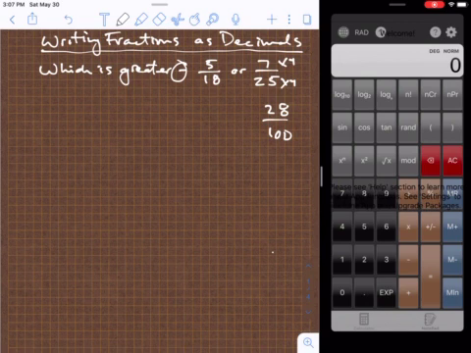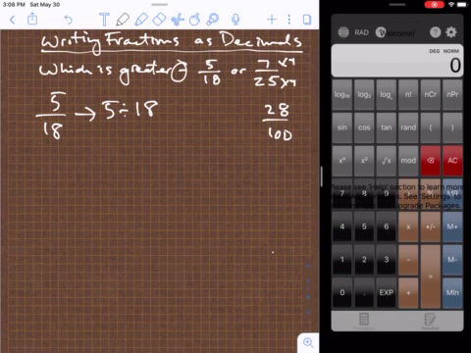So there's this really cool thing, and hopefully somebody has taught you this before: remember, a fraction is a division problem. That's all it is. It's just another way of writing a division problem. So 5/18 is the same thing as 5 divided by 18.